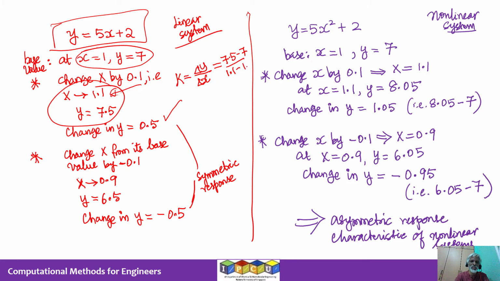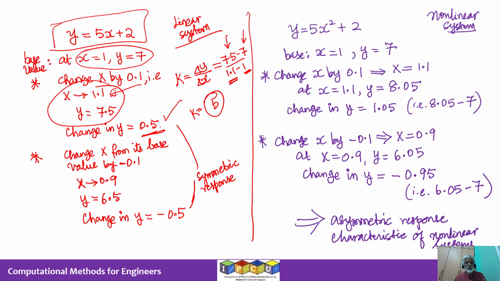So the first value of x is 1, the new value of x is 1.1, and corresponding to this new value of 1.1, the y value is 7.5 as shown in the calculation there. And corresponding to x = 1, y was 7 as shown there. So you're going to get 0.5 by 0.1. Therefore, the gain of the system is 5. So the gain k is equal to 5. In any case, the change in y is 0.5 as you can see.